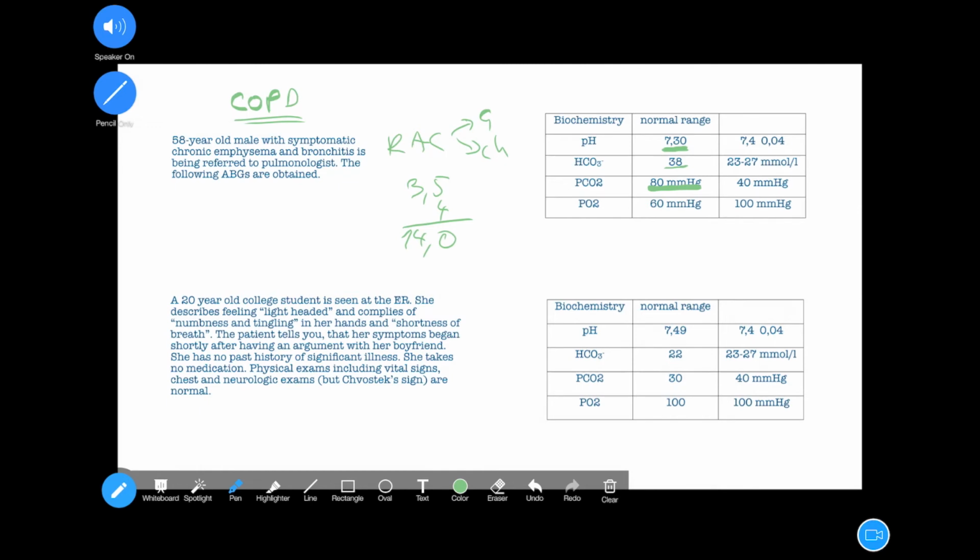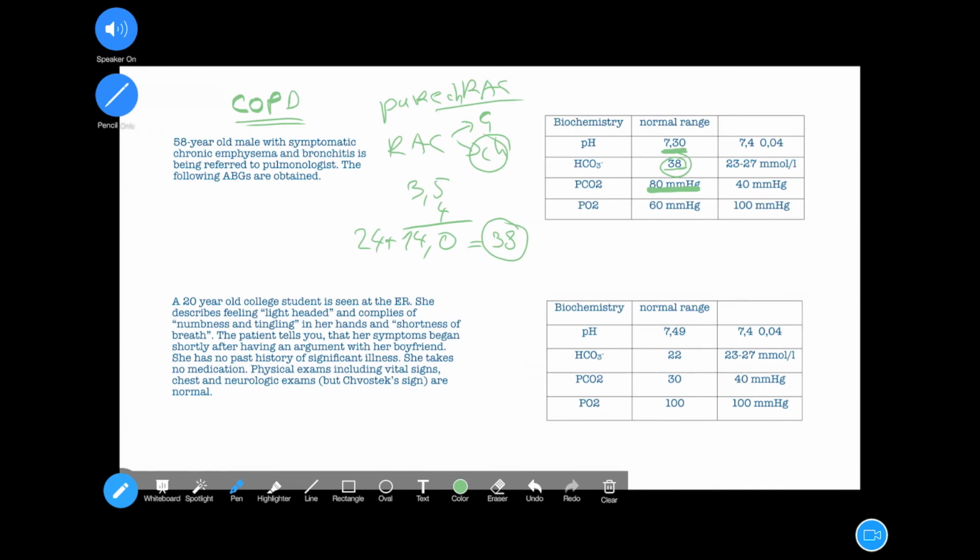So I should be expecting that the bicarb should be increased by 14, which means 38. Okay, and is it 38? And is this fitting this? Yes. So I know it's pure respiratory acidosis and a chronic one. Okay, chronic.